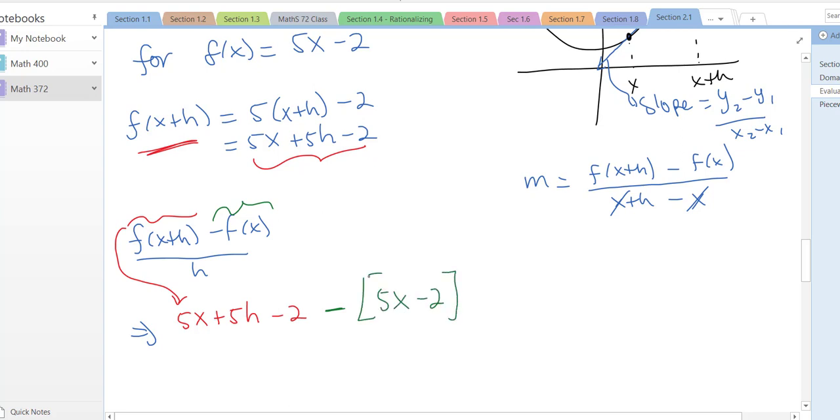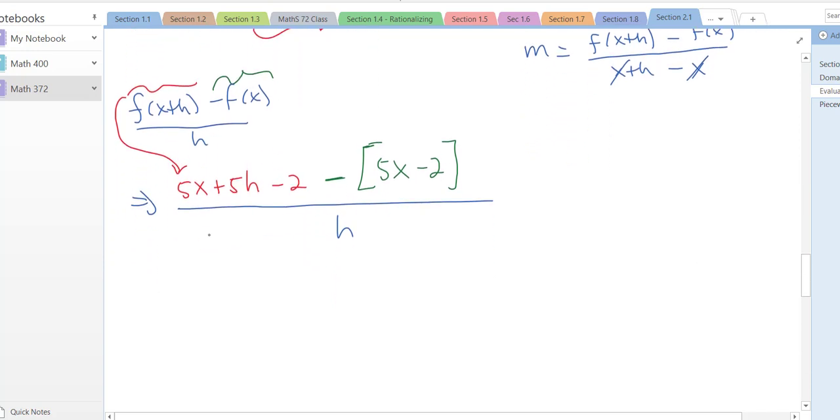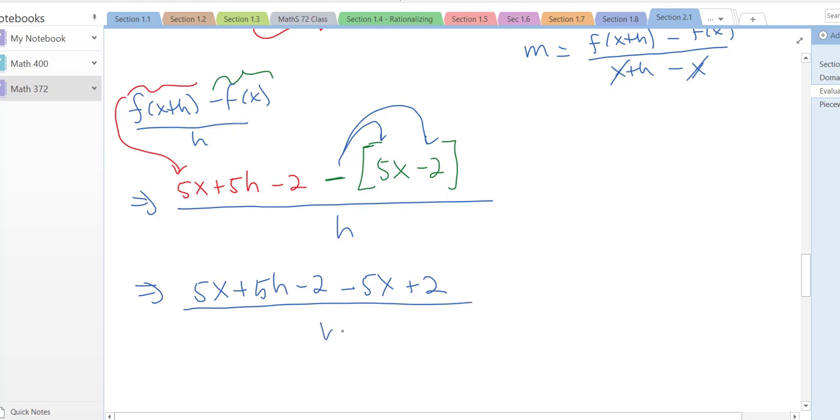I'm a big fan of parentheses or brackets so that I don't get mixed up, so that I don't forget to distribute my negatives. So simplifying this, you get 5x plus 5h minus 2, and this is why I use parentheses, minus 5x minus the minus 2 becomes plus 2, all over h, and then collect like terms.